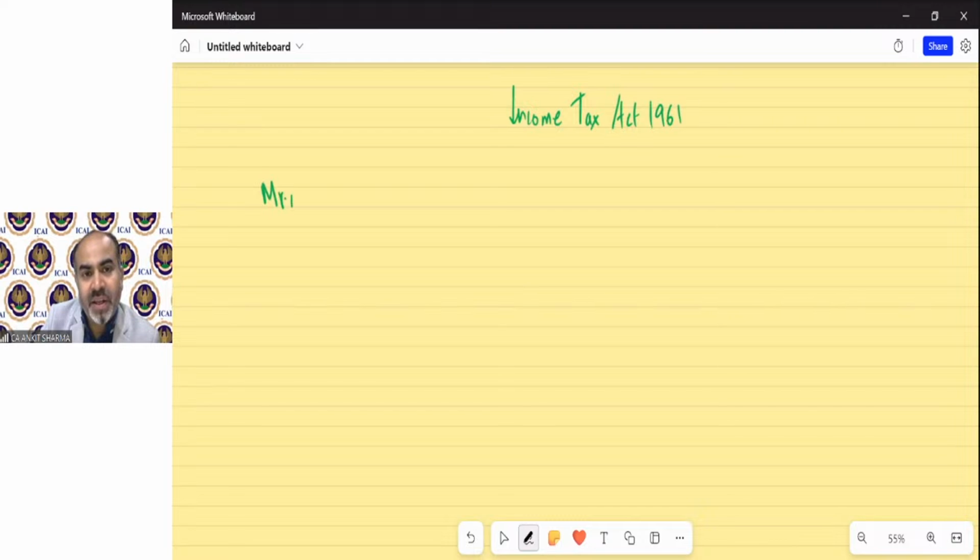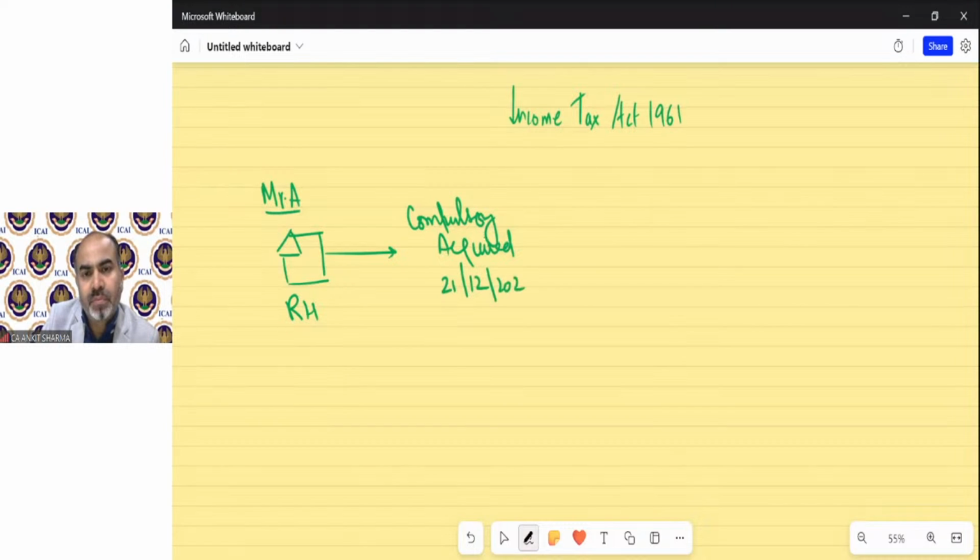Suppose there is Mr. A who has a building, a residential house. The government compulsorily acquired it, suppose today, and decided the compensation will be 80 lakh. But the government did not pay it yet.